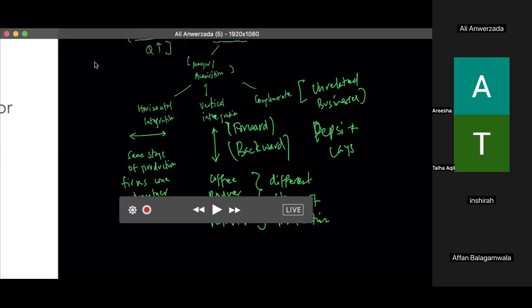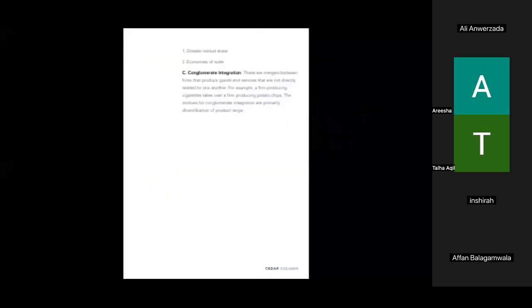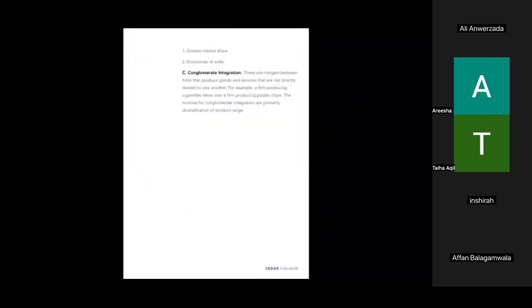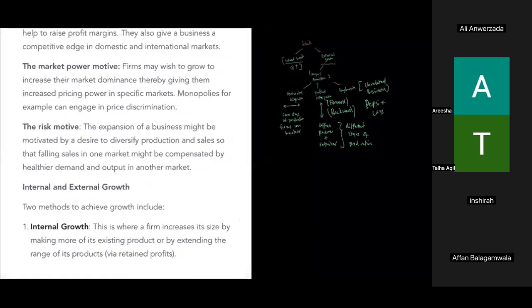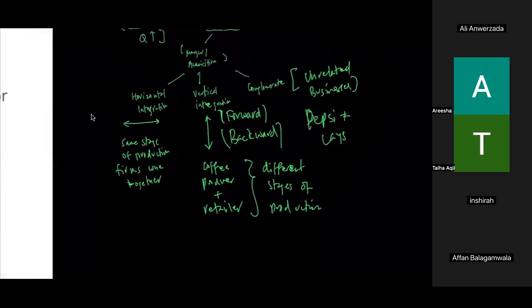So I've chosen an easy topic for today's discussion. It's not complicated. Okay, so this is the story so far. So guys, one question, one discussion of ours: why do you want to grow? You want to grow because sometimes you want to get market power, sometimes you want to get economies of scale, and so on.